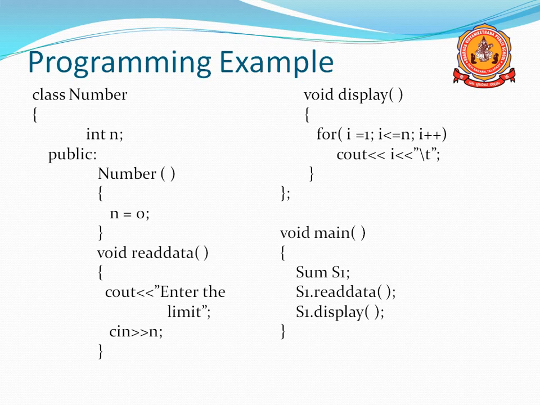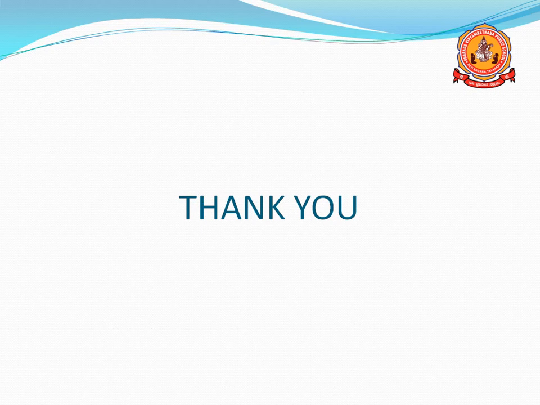Read data you have to call because it is a user defined function. Display is also a user defined function. A user defined function should be invoked by the user. But when you declare the object, the constructor needs no separate invoke statement. Remember that in case of a constructor there is no separate call.